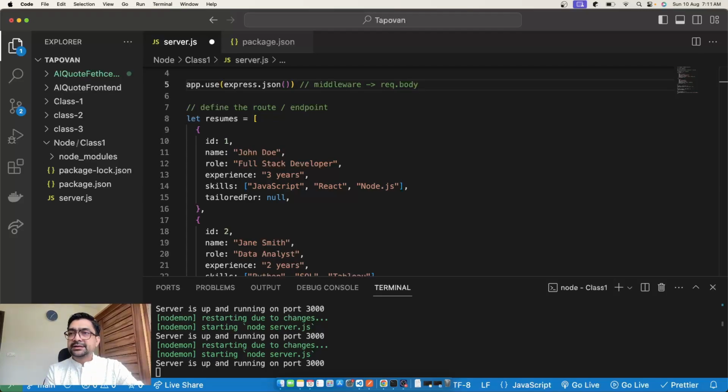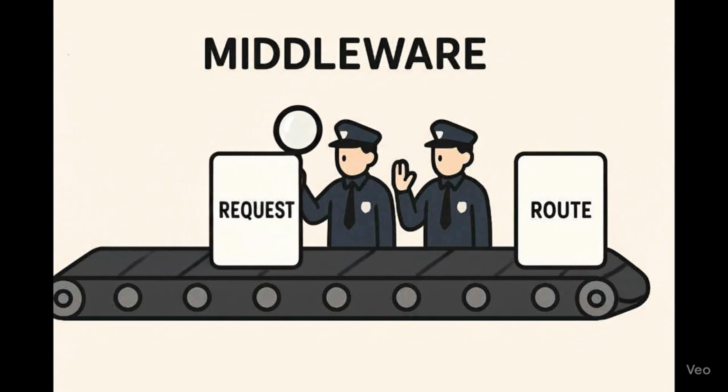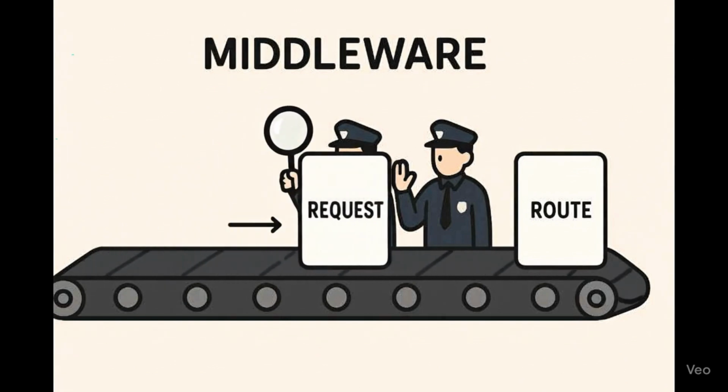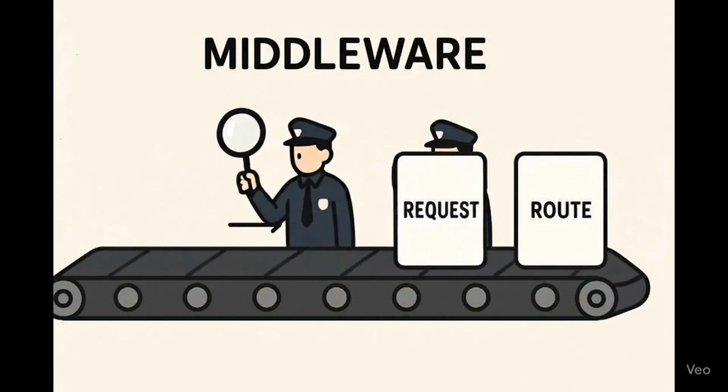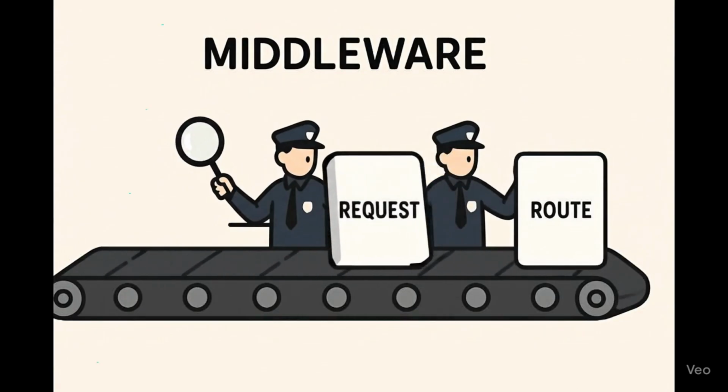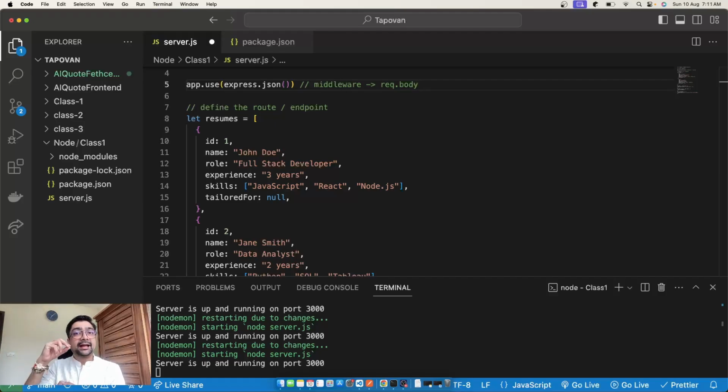All right. So let me in fact break it down a little bit more. Let's talk about middlewares. In Express, middlewares are like checkpoints. We can have multiple middlewares in the journey, and each of these middlewares can look at the request, transform the request, log the request, or maybe even decide to stop the request from going further.